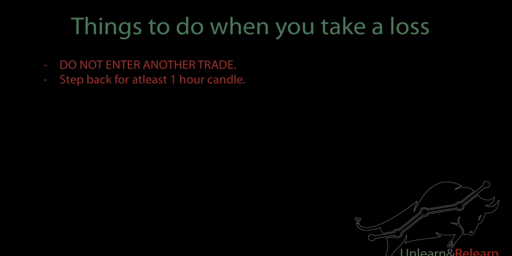So I have to figure out, why was I wrong? What was there that I missed? Did I miss something, or was there something I ignored, or was it just a probability loss? Like sometimes when you're taking a trade, price may not have enough probability to go your way. And at that point I say, it is what it is. You just can't change that.